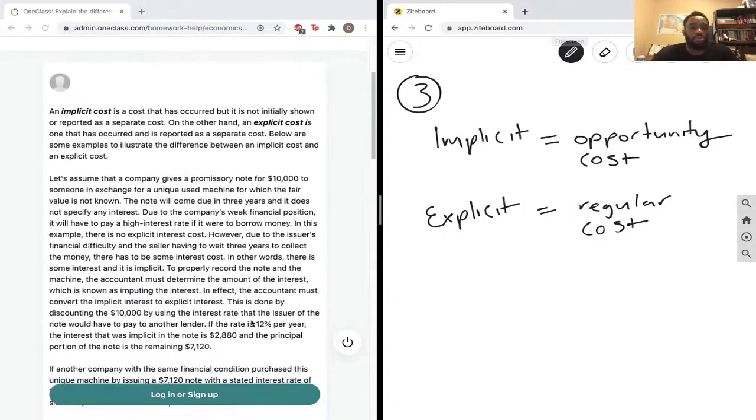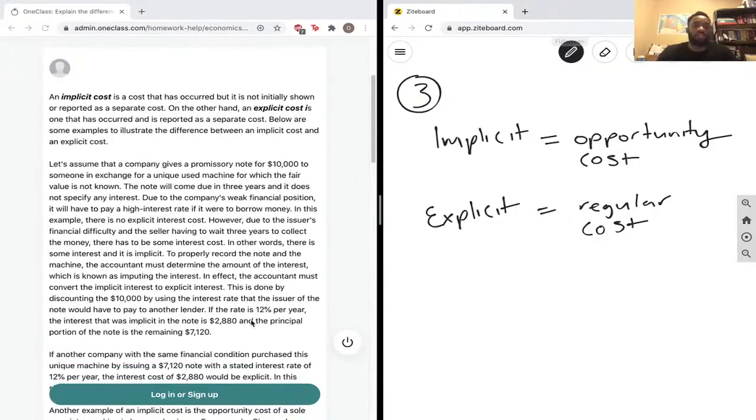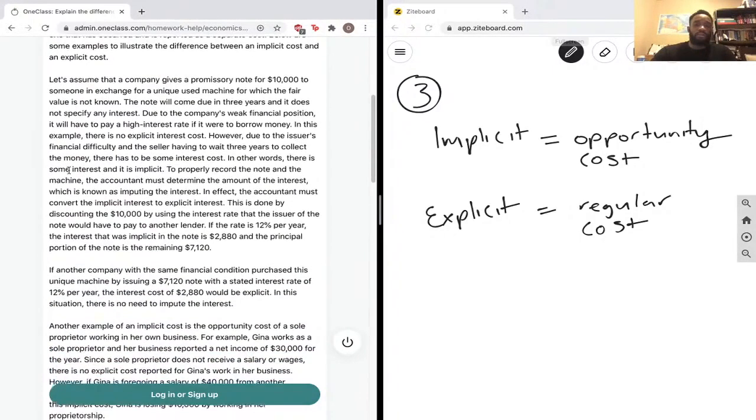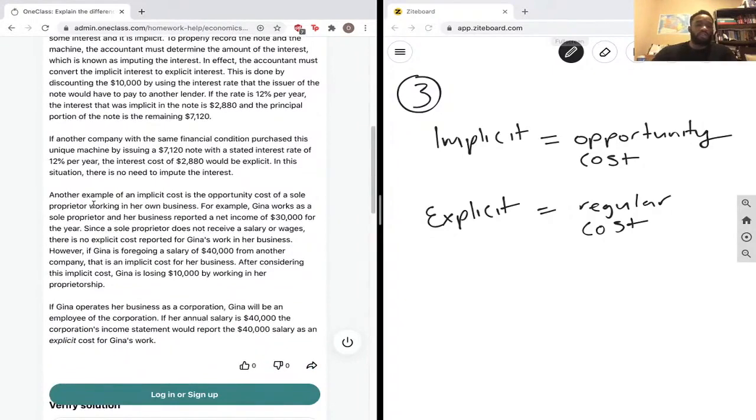Okay, so it seems like this person has somewhat of an understanding of implicit and explicit costs. We'll just make this simple and use his second example here. Another implicit cost is the opportunity cost of a sole proprietor working in her own business.